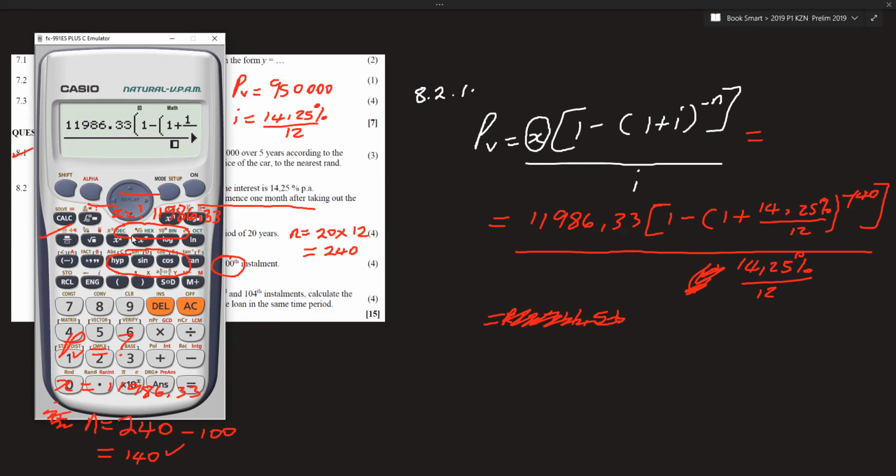Then we come down, I need to put this first: 14.25 shift percent over 12. This should be our outstanding balance. So I was basically already answering the next question, I'm sorry about that. It's R816048.67. This is the outstanding balance you'll still be owing on the loan.